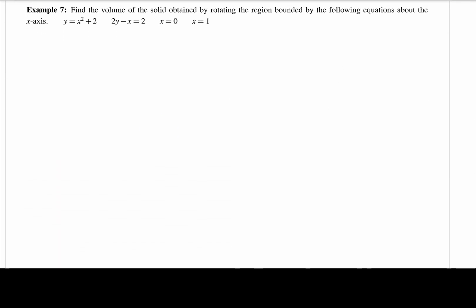Now let's look at example 7. Example 7 asks us to revolve about the x-axis. We're going to have green, plum, blue, and purple.